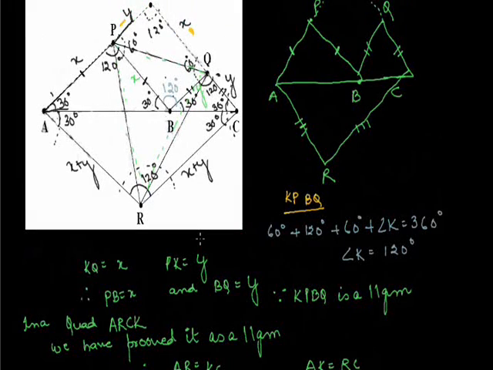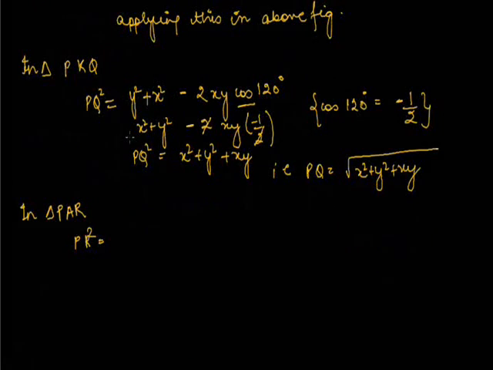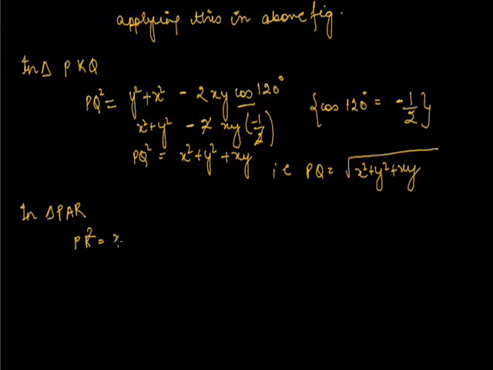So I'll be including the sides in triangle PAR, x and x plus y, and the included angle is this 60 degrees, and the non-included side is PR square. So I'll be writing PR square is equal to x square plus x plus y whole square minus twice of x times x plus y cos 60 degrees.